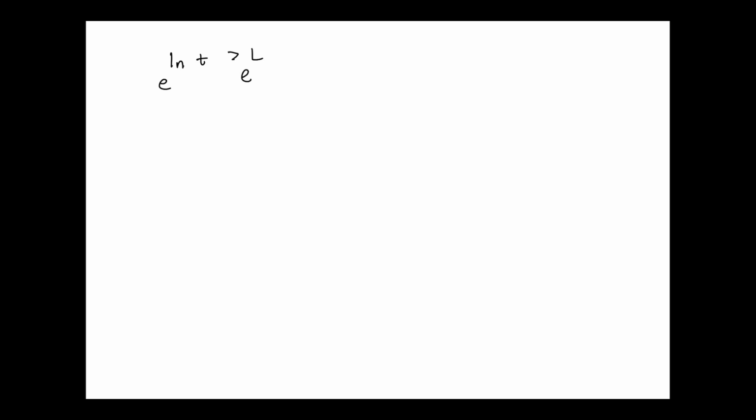So for example, Cole picked 6.022 times 10 to the 23rd.